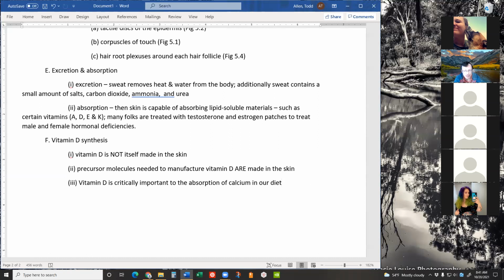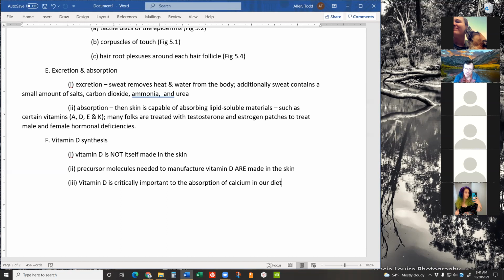Calcium is mega important. Without calcium, your skeletal muscles don't contract properly. That's something we'll talk about later. Without proper levels of calcium, you cannot release neurotransmitters in the nervous system, in your brain. The brain doesn't work properly without calcium.